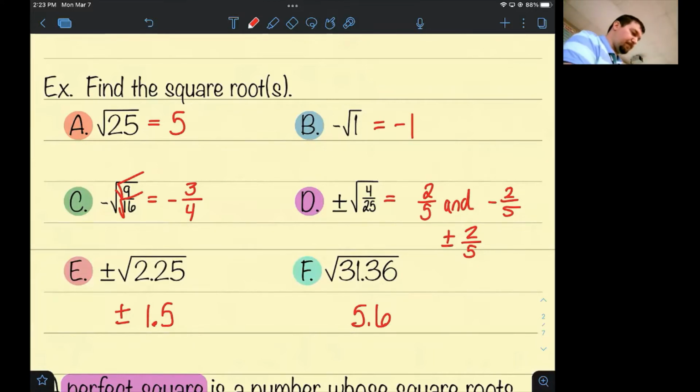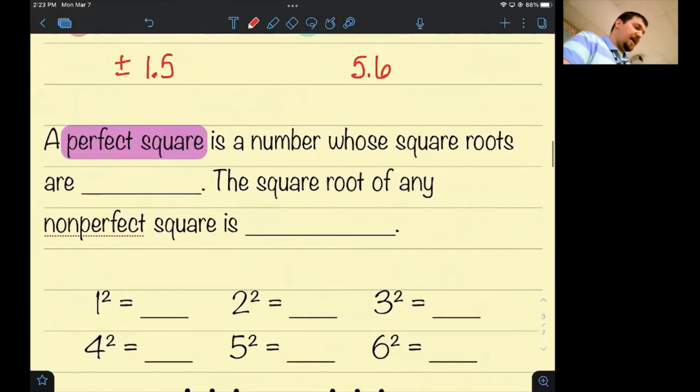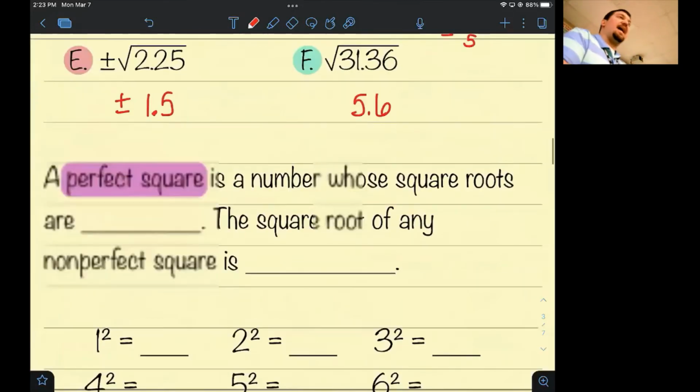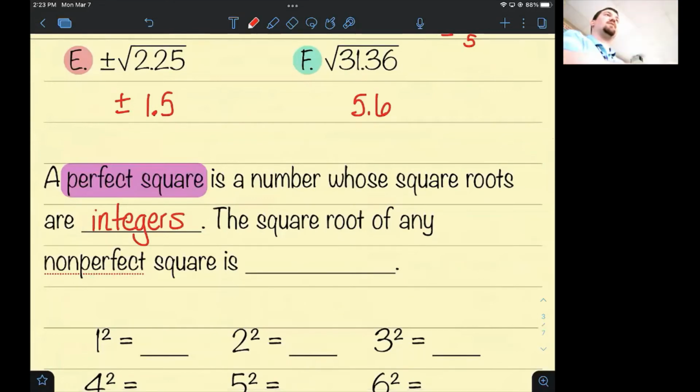Okay. So speaking of perfect squares, a perfect square is a number whose square roots are integers. I say integers because you can have a negative version of a square root. When we square root a number, typically we're going to get a long decimal that doesn't repeat and it never ends.